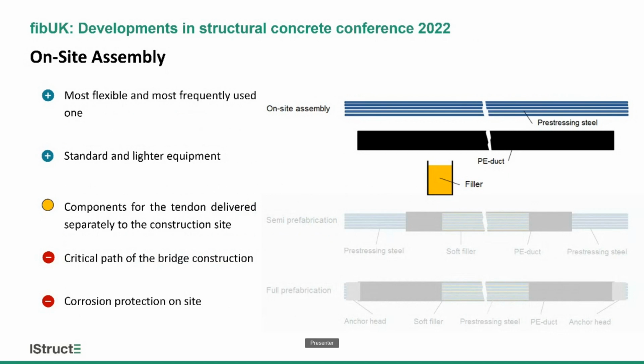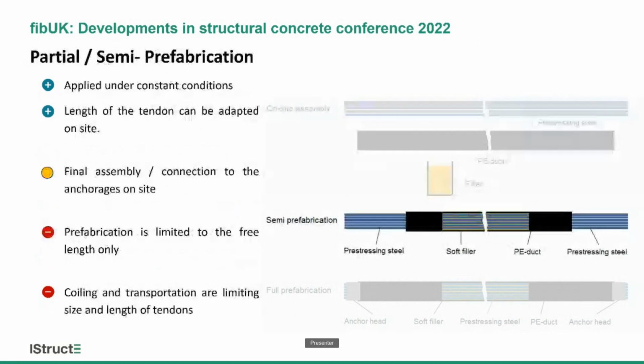As I mentioned, it's on the critical path of the bridge construction. That means any delay in tendon assembly delays the entire construction process, and corrosion protection is applied on site, which has dependencies on workmanship and on weather, so that has to be supervised and carefully executed.